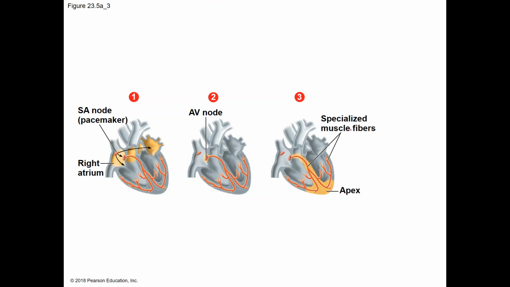And then these specialized muscle fibers, indicated in the orange sections here, relay signals to the apex of the heart and then up through the walls of the ventricles, which triggers a strong contraction that drives the blood out of the heart.